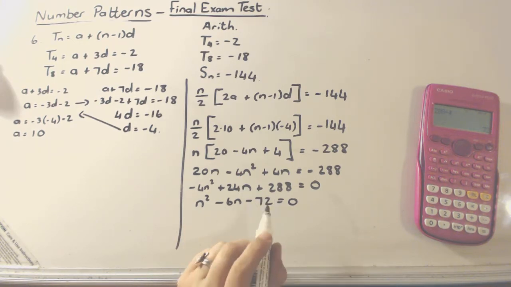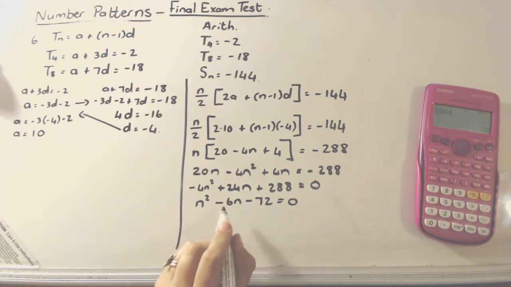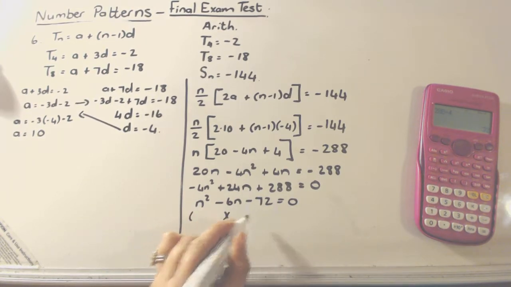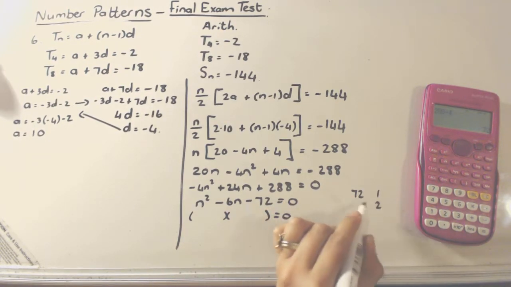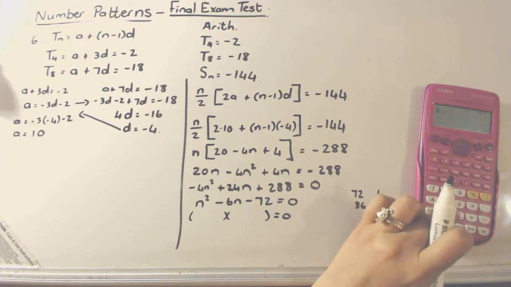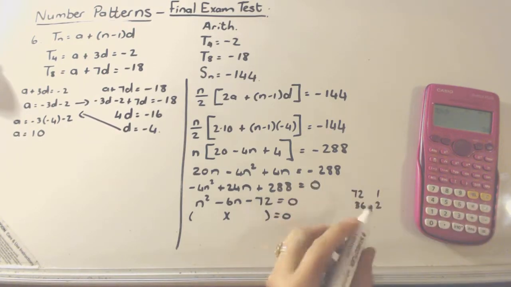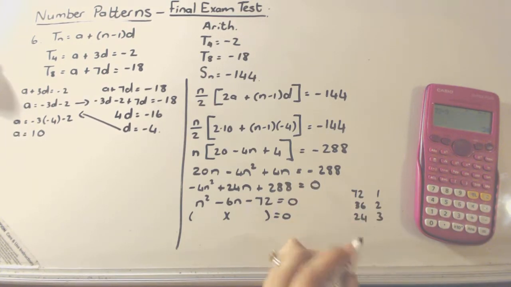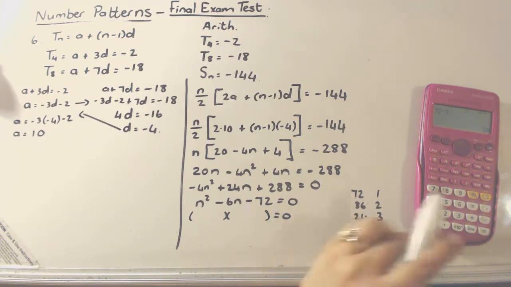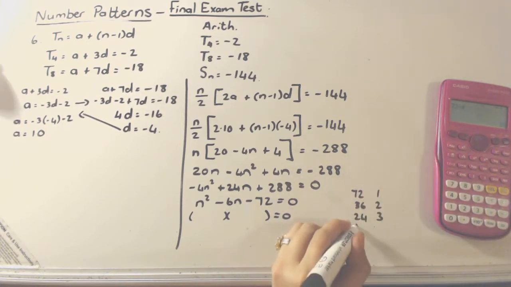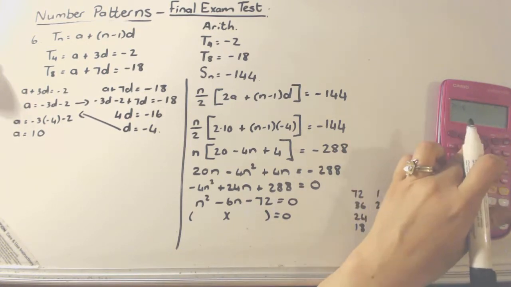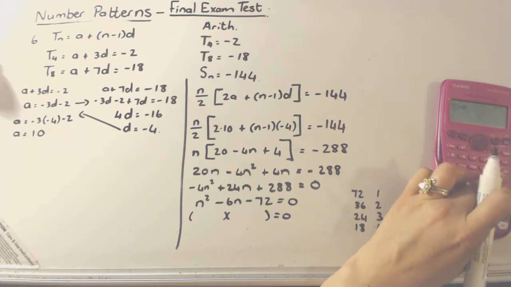Okay, now I know 8 times 9 is 72, or 36 times 2. I just want to factorize this quickly. 72 times 1, 2 times 36 is not going to work. 72 divided by 3 is 24, which is not going to work. 72 divided by 4 is 18. 72 divided by 5 gone.